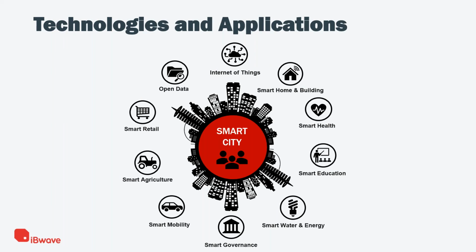So when we talk about the different technologies and applications that we can use in smart cities, of course, we rely heavily on deployment of different combinations of technological infrastructure and different types of applications and technologies with varying levels of interaction between human and technological systems, right?